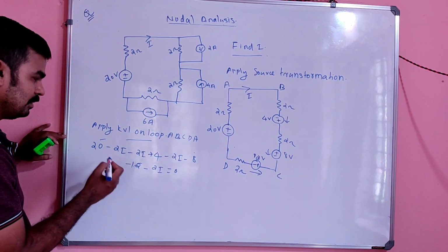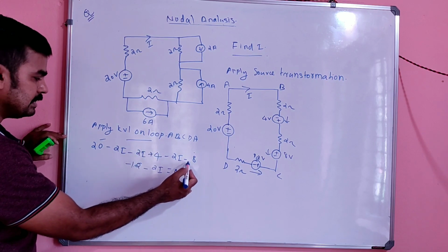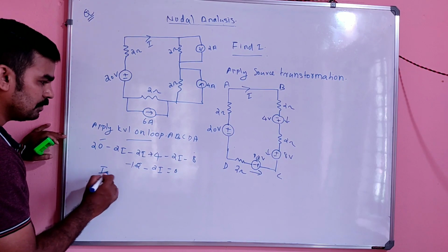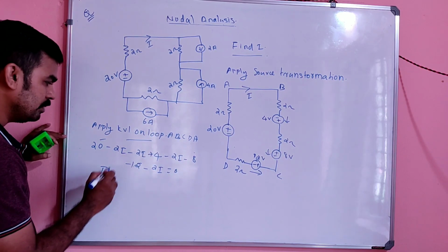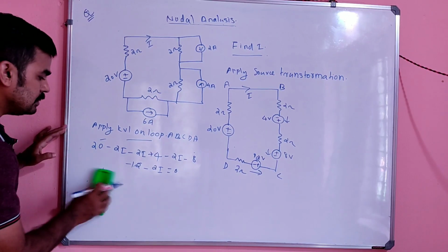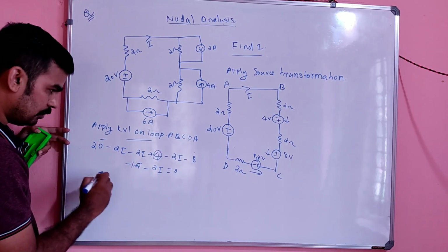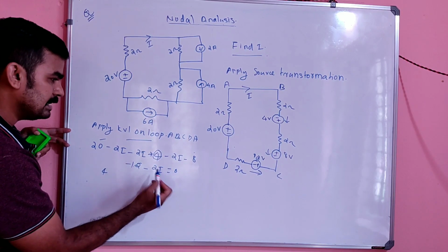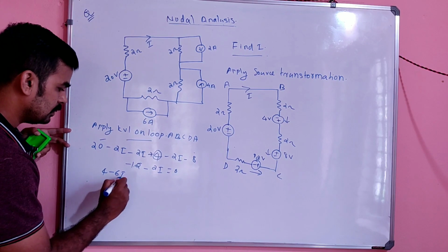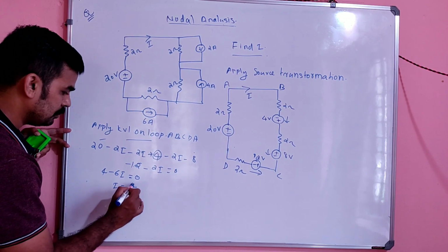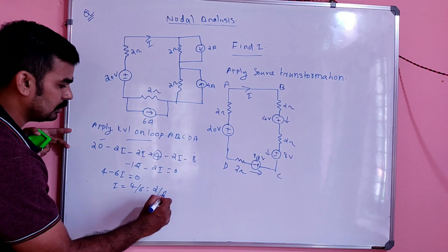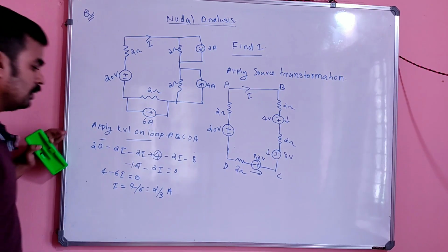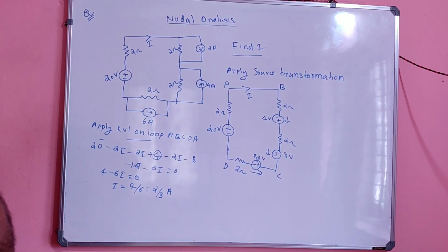Of course, the 4 is there, so 4 minus 2I, minus 2I, minus 4I, minus 6I, right, minus 6I equal to 0, I will be 4 by 6 or 2 by 3 ampere, right, 2 by 3 ampere. I will be 2 by 3 ampere, let's check.